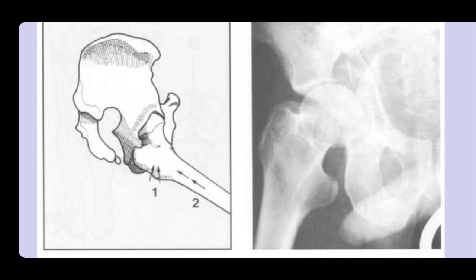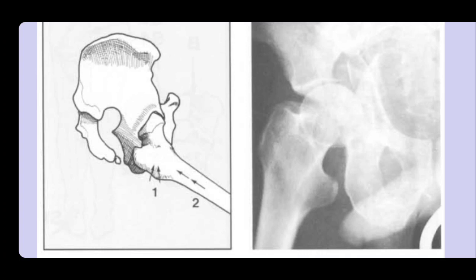So if we talk about the treatment of this condition, there are a few options. Non-surgical options involve skeletal traction application, and actually two tractions are applied. One along the femoral shaft, and the weight may be quite significant, from 5 to 7 kilograms, and another weight is applied along the axis of the femoral neck.